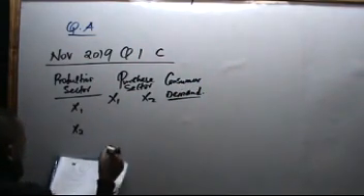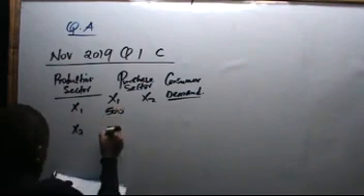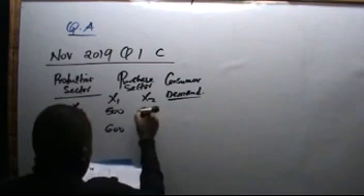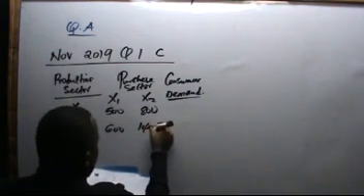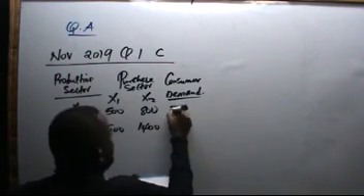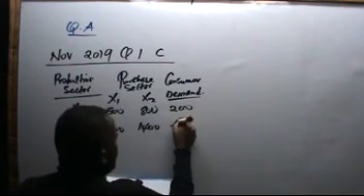We have 500, 600, 800, 1400. The consumer demand is the final demand, so we are given 200 and 400.